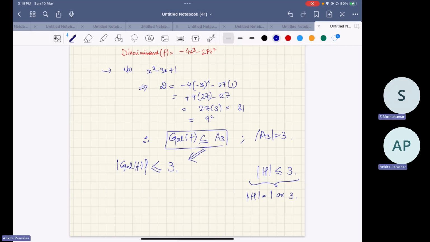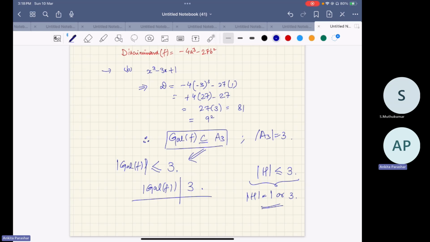Because the Galois group is a subgroup of A3, which has 3 elements. Exactly, the order of the Galois group must divide 3, not just be less than or equal to 3. Therefore you have either 1 or 3.